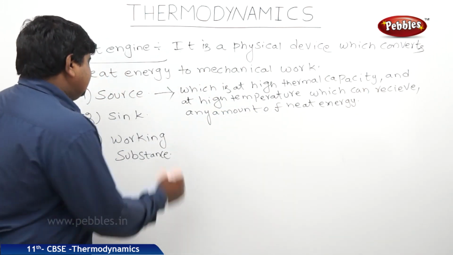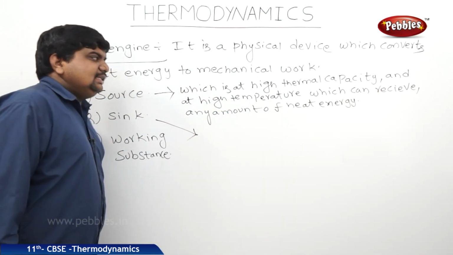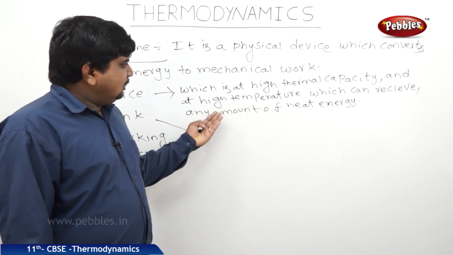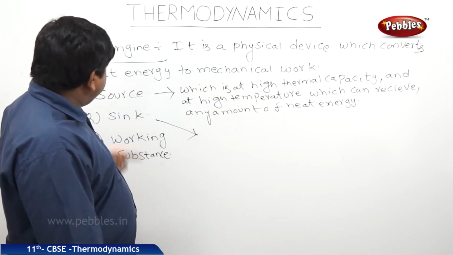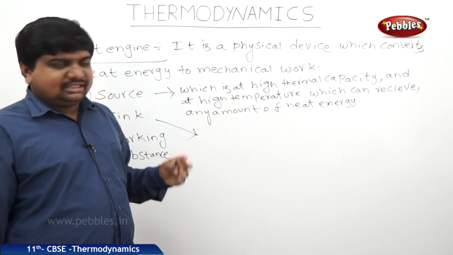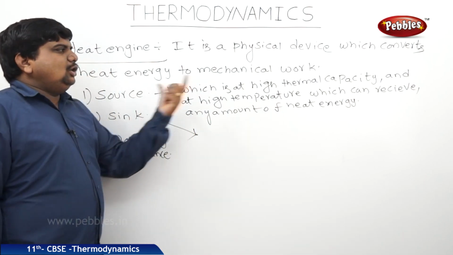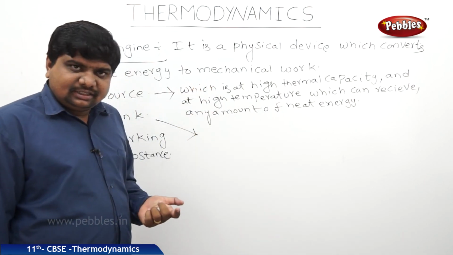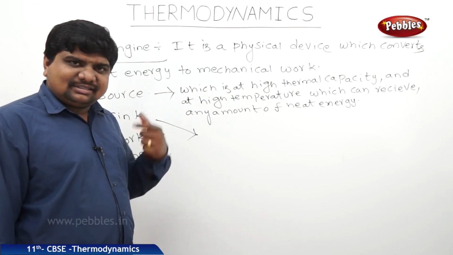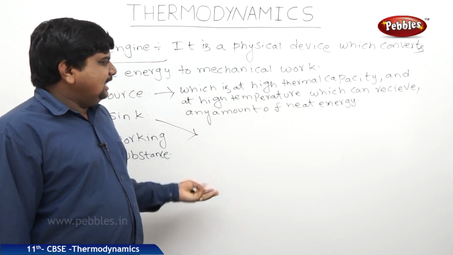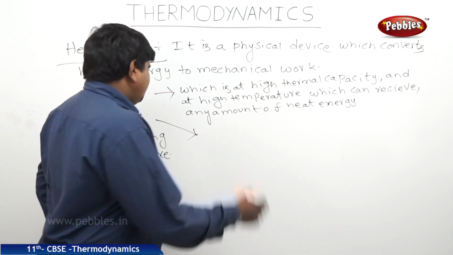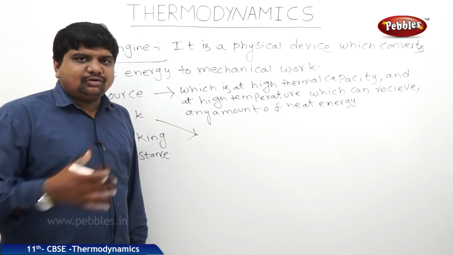The second part is the sink. This also has a high thermal capacity, but when compared to the source, it is not that much. Comparatively, it is at low thermal capacity and low temperature, and it receives or exhausts any amount of heat energy. Sink means the waste product that we are throwing out.